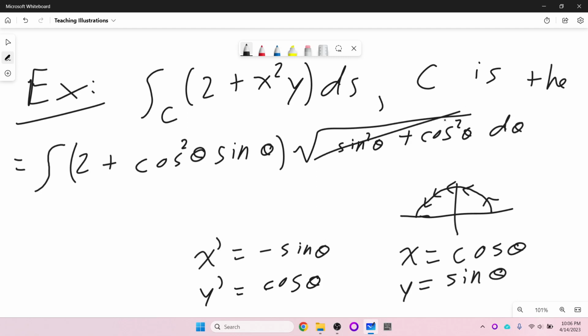Well, that's just a 1. Oh, and what are the limits? Well, theta starting at the right would be 0, and on the left would be pi. So we go from 0 to pi.